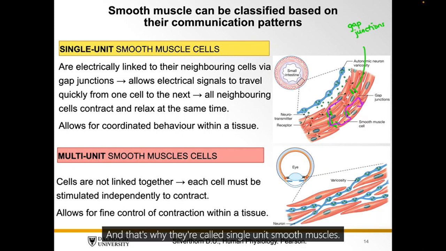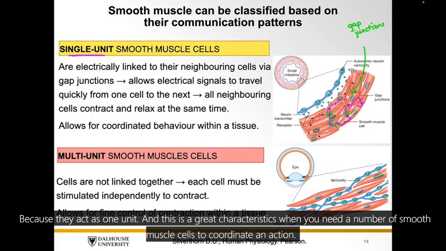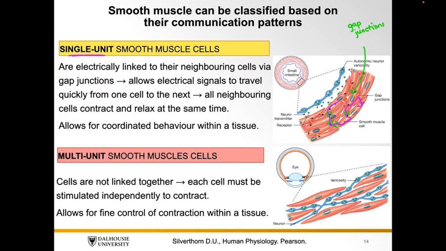And that's why they're called single unit smooth muscles, because they act as one unit. And this is a great characteristic when you need a number of smooth muscle cells to coordinate an action.